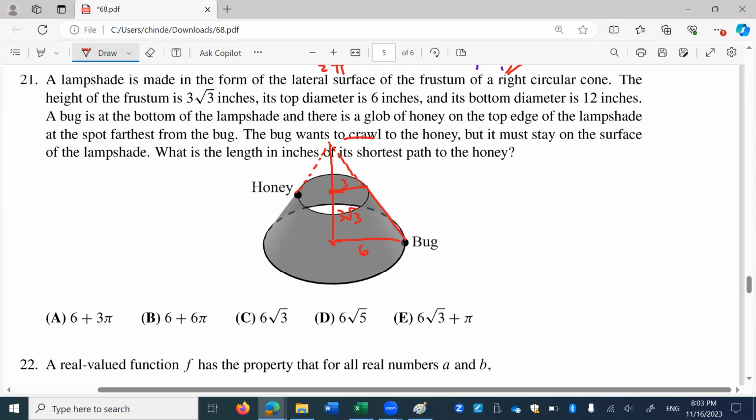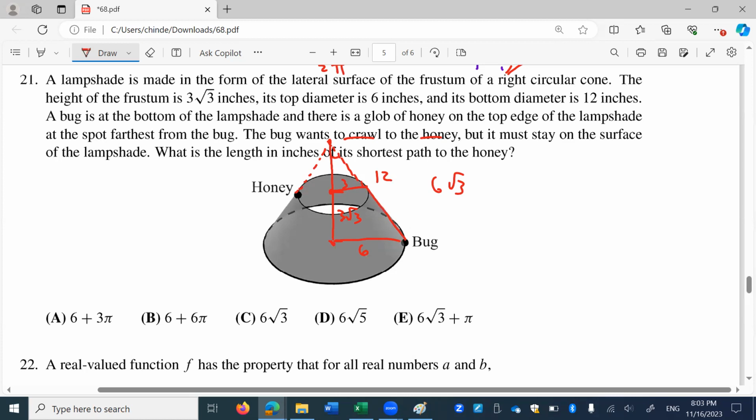The entire height of the cone is 6√3, and the radius of the base is 6. So the length from vertex to bug is going to be 12. Right, we have a 30, 60, 90 right triangle here.